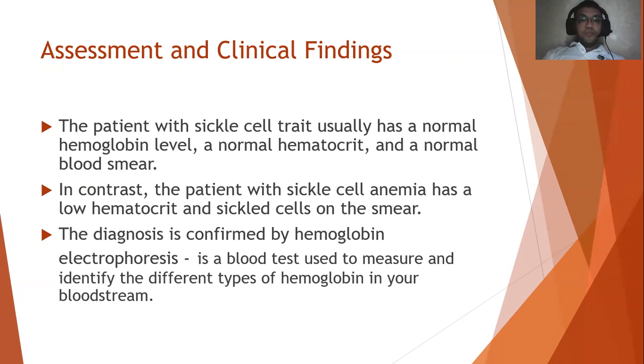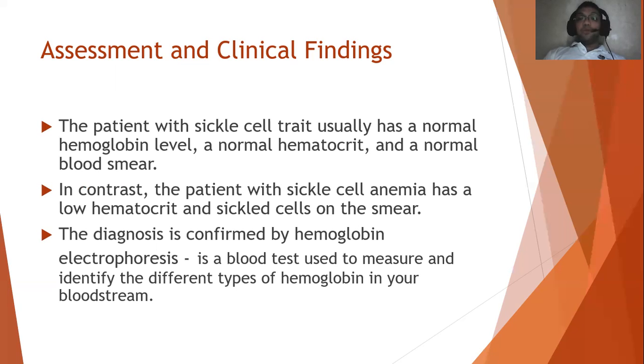Assessment and clinical findings would be the patient with the sickle cell trait usually has a normal hemoglobin level, a normal hematocrit, and a normal blood smear. In contrast, the patient with sickle cell anemia has a low hematocrit and sickled cells on the smear. The diagnosis is confirmed by hemoglobin electrophoresis.